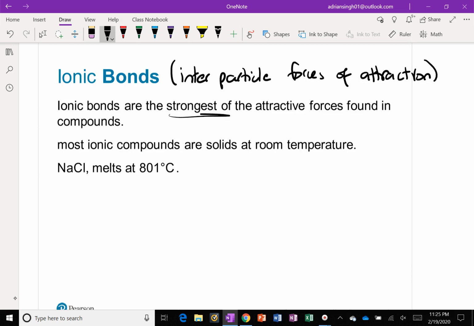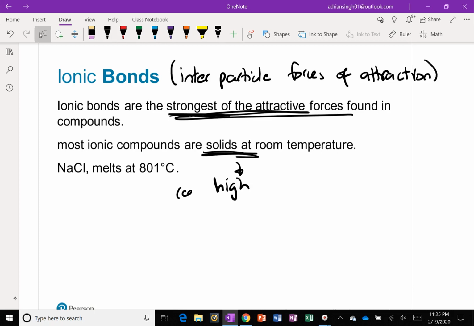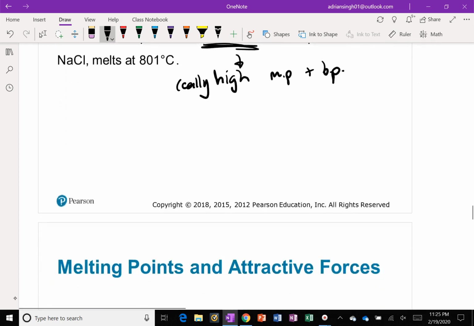These are going to be the strongest of the attractive forces found in compounds. And because of the really strong attractive forces, most of your ionic compounds tend to be solids at room temperature, and they also tend to have really high melting points and boiling points, right? Because they're being held together by really strong forces of attraction.